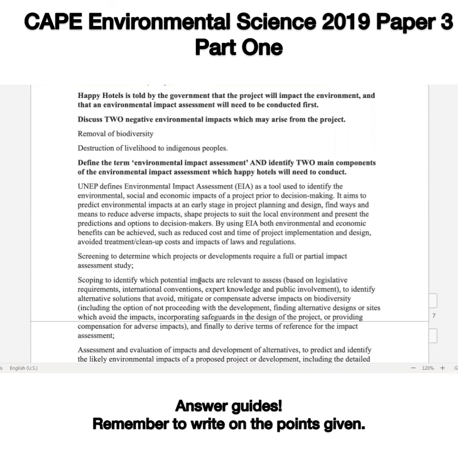It aims to predict environmental impacts at an early stage in project planning and design, find ways and means to reduce adverse impacts, shape projects to suit the local environment, and present the predictions and options. And the question also asks us for 2 main components. So Happy Hotels would need to screen. They also need to provide a large scope to identify which potential impacts are relevant to assess.